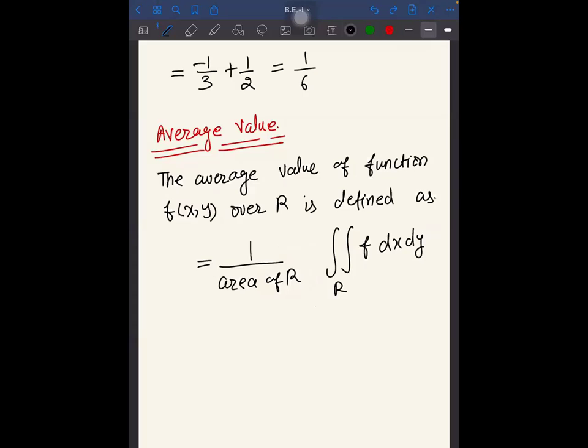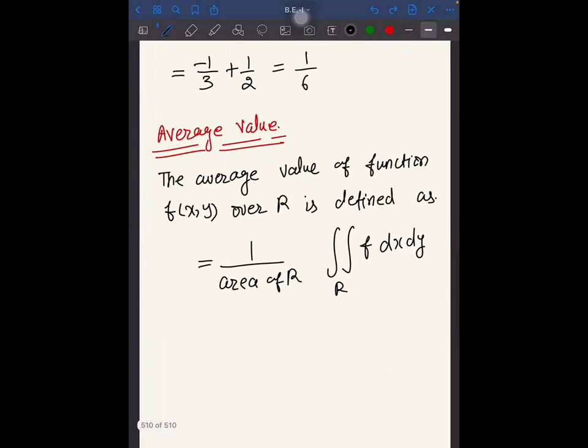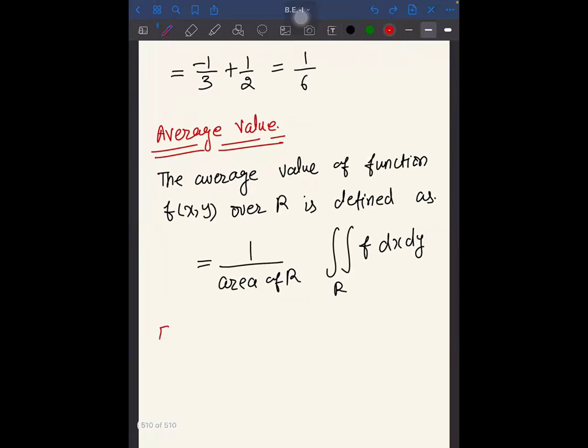We'll do one example for this. So this is again an example from the book. After that we'll be doing a few questions from the exercise. So this is your example 3 from page 1013.